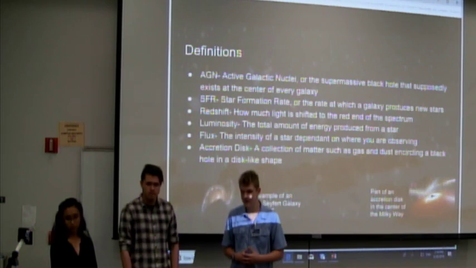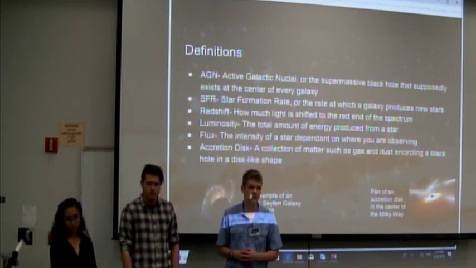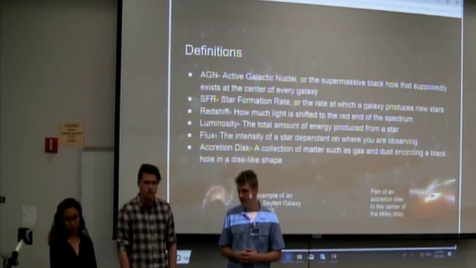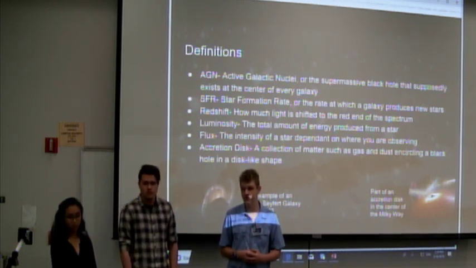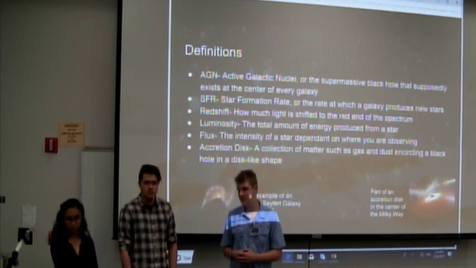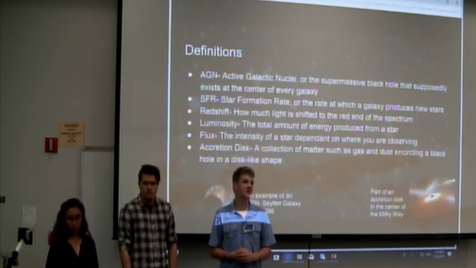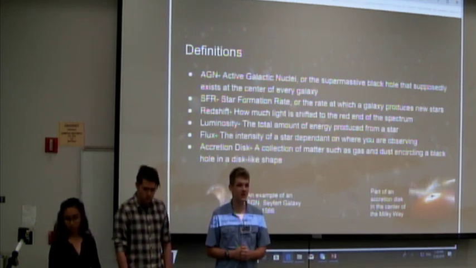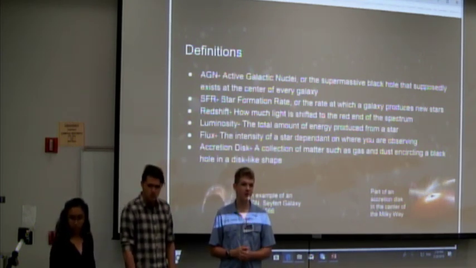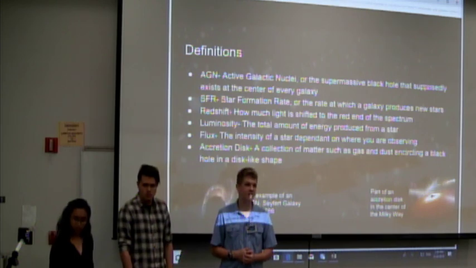Luminosity, which is the total amount of energy produced by the surface of a star. And then there's flux, which is the intensity of a star that is observed by us. So it's luminosity from our perspective. And then the accretion disk, which is a disk of gas and dust that orbits a black hole that emits a lot of heat and energy.